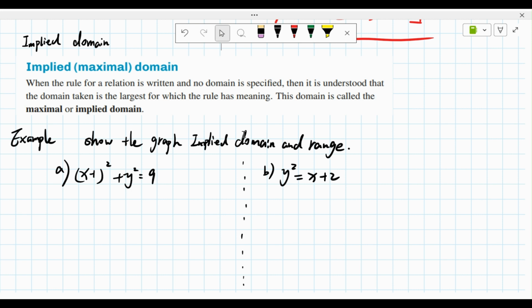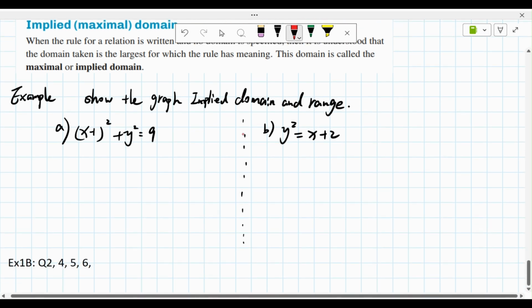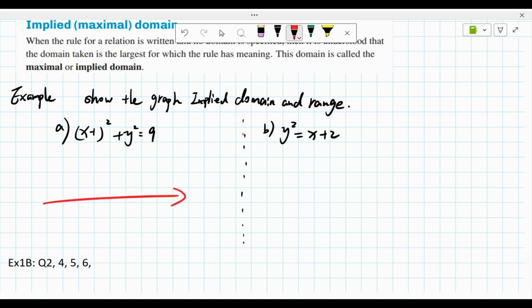And this one I can start with. So x minus 1 squared plus y squared is 9. So actually, I can show you this one looks like a circle. Because your center of the circle will be moved to the right by 1 unit, and then your radius equal to 3.